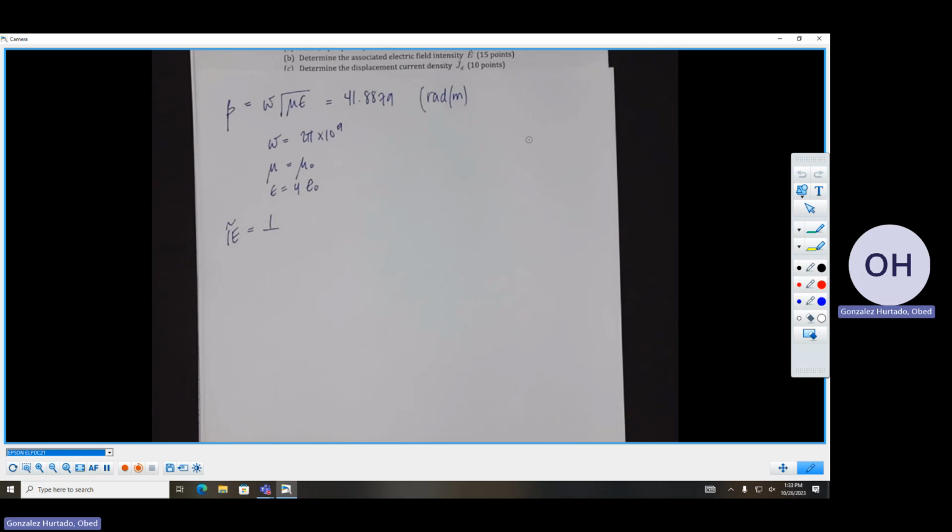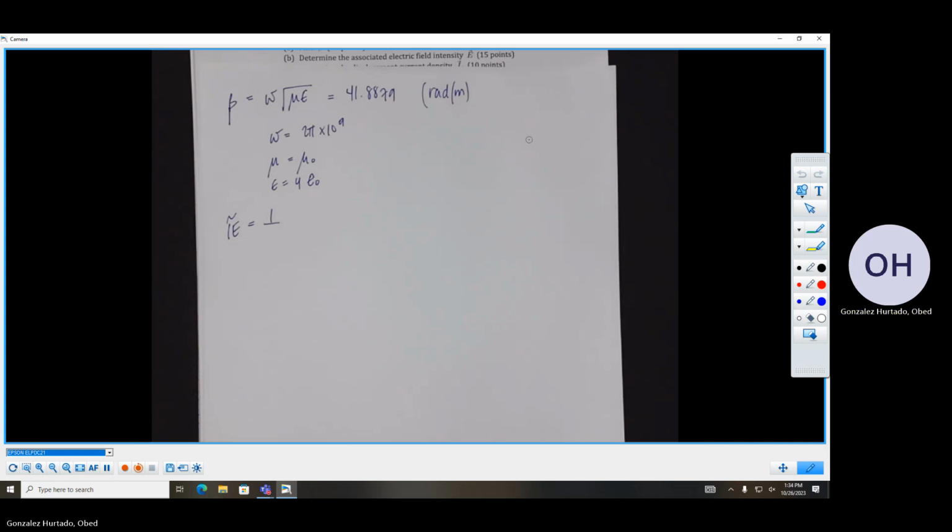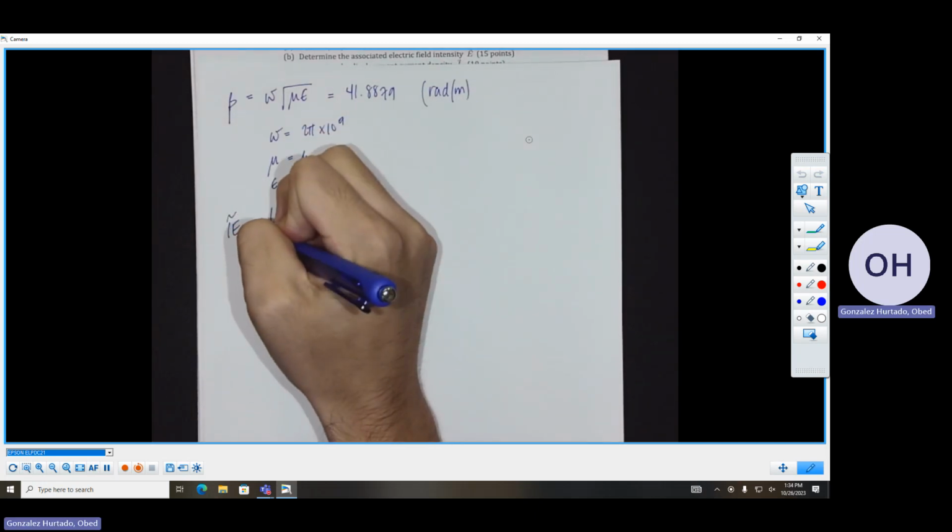The chapter 7 one is only for certain cases: it has to be a uniform plane wave. This one makes it so there's a lot more things you have to do, but you know you will be correct.